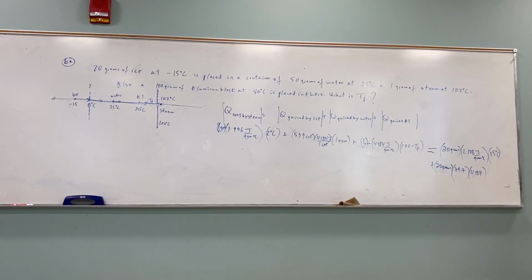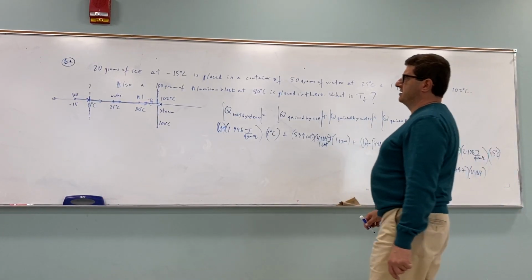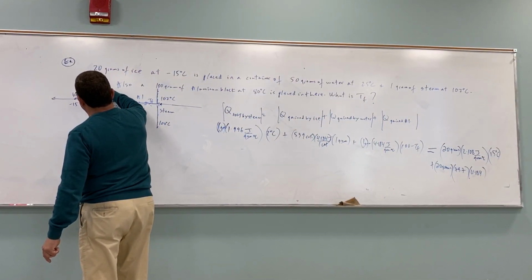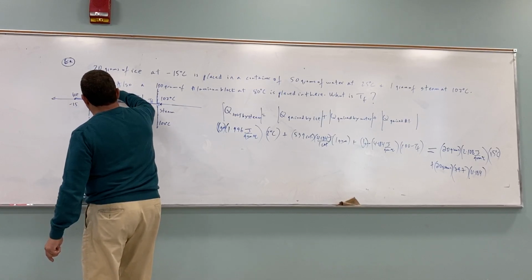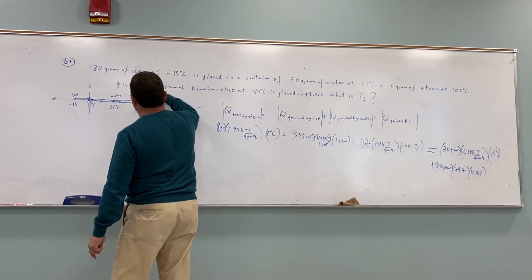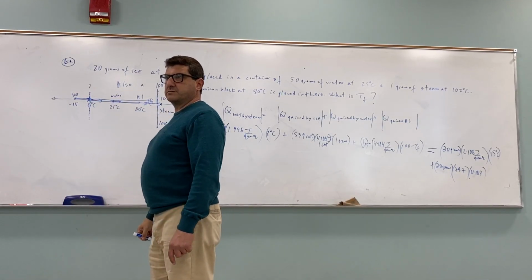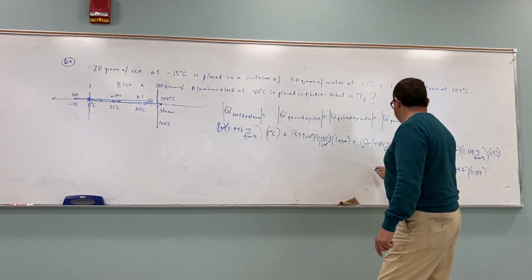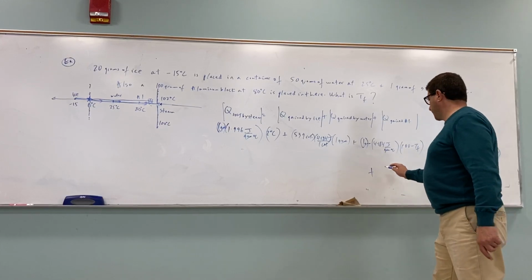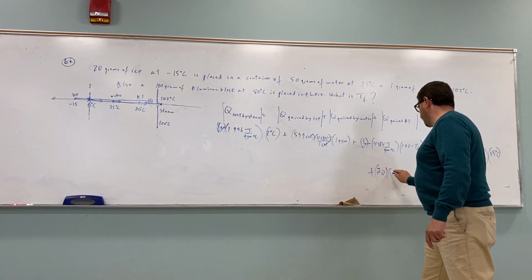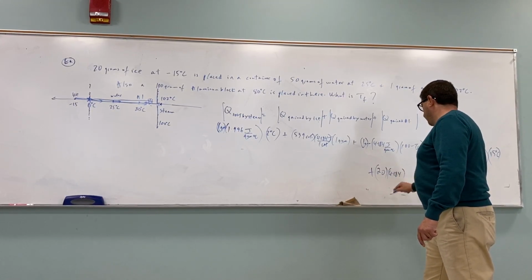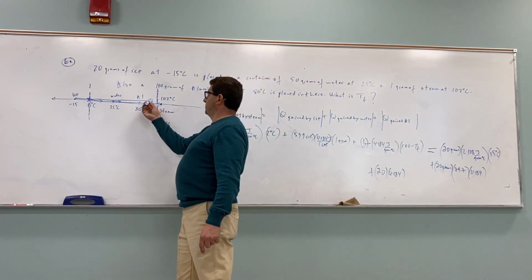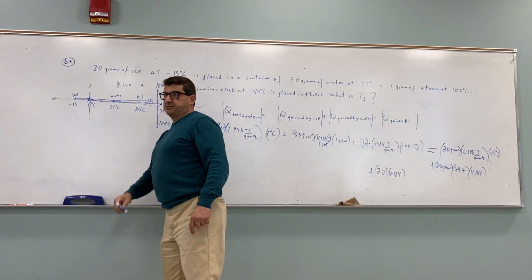Then what do I have to do to it? To the ice? So you've got to really visualize this. Melt, then take it all the way from 0 to TF. So plus, I take that ice, multiply it by the specific heat of water, and what's the change in temperature? Just TF, because TF minus 0, right?